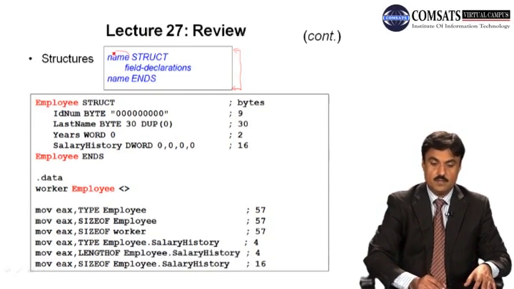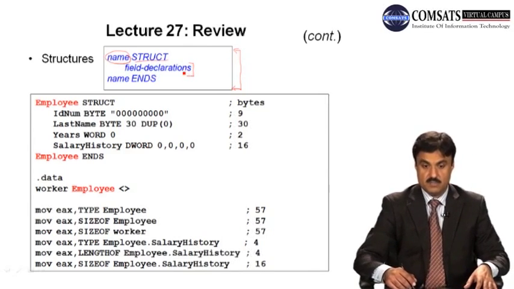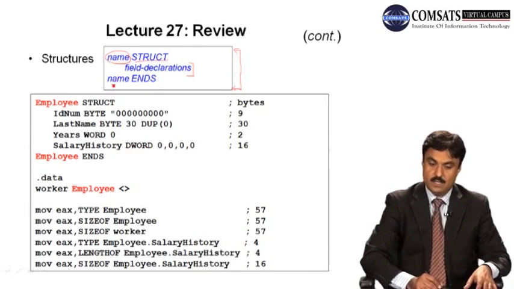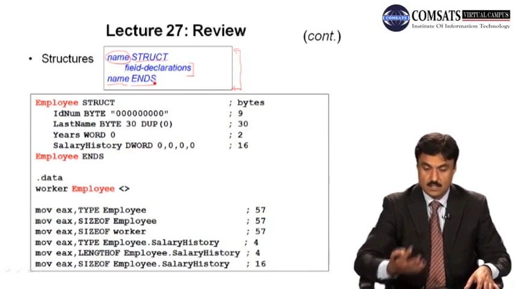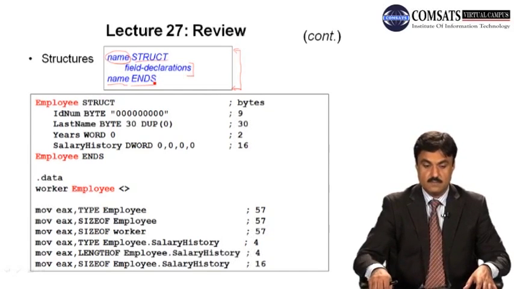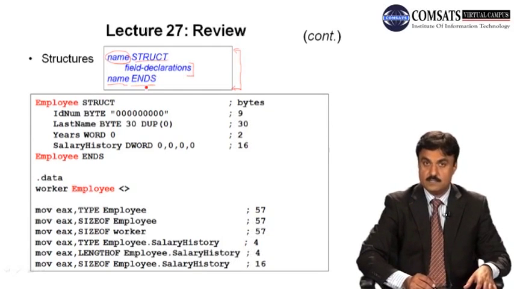The name of the structure goes first, then the keyword struct, and then the field declarations. These are the members of this structure, and in the end we have the same name and the ends keyword to end this structure.